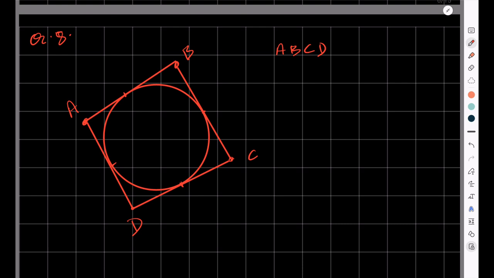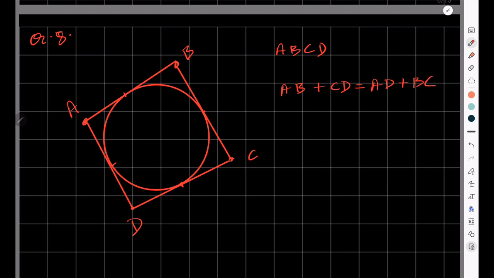Then it's telling us to prove that AB plus CD is equal to AD plus BC.